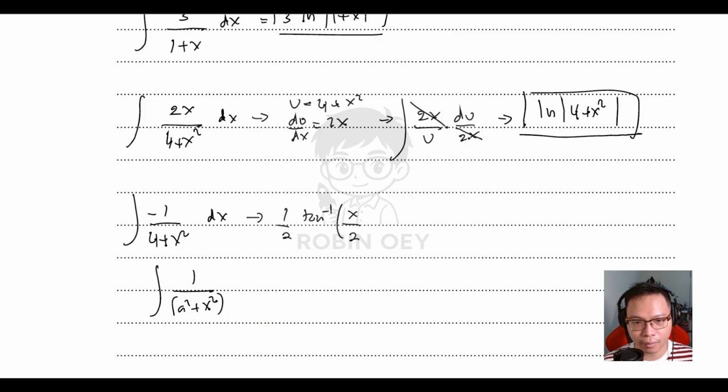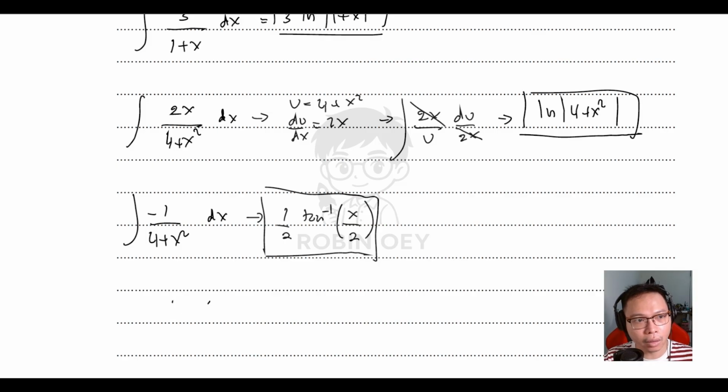So this is our third expression. Let me erase this part first. Don't forget to put the negative sign here.